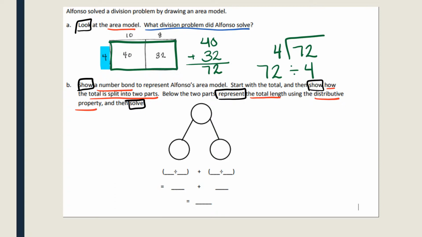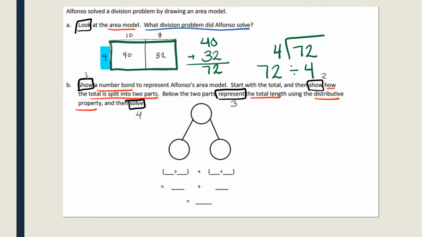So if we look at this part B, there's a lot going on here. We have 1, 2, 3, 4 steps in this one problem. So let's chunk it and do it piece by piece.